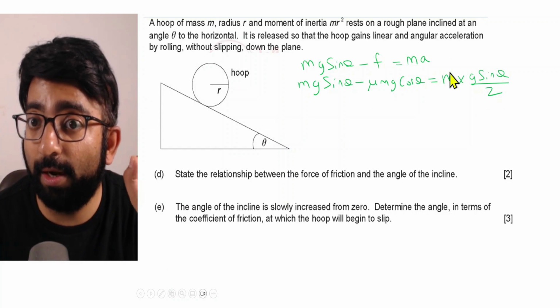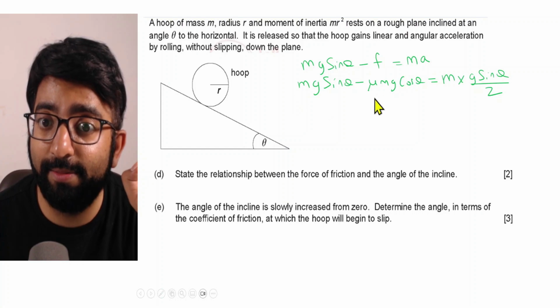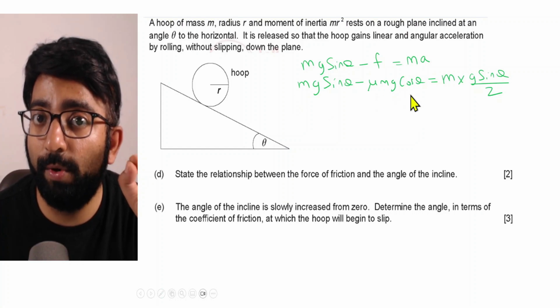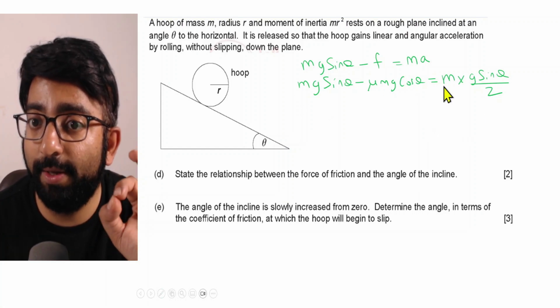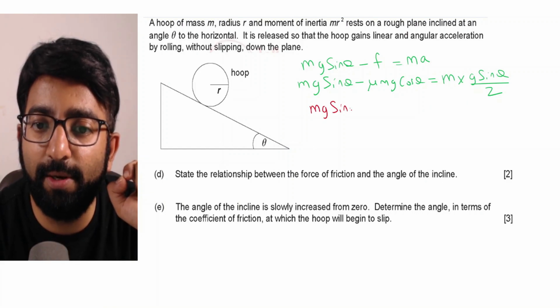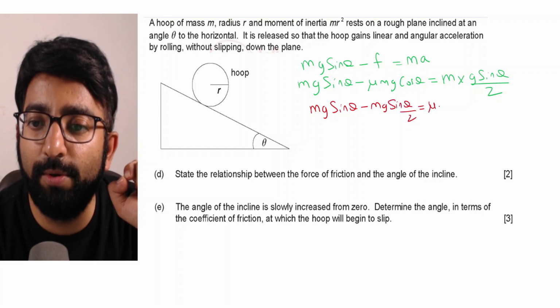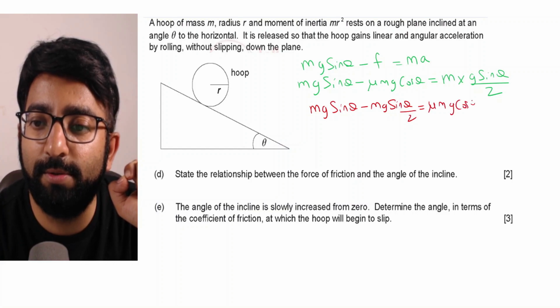We have mg sine theta by 2 on the right hand side. Let's take that on the left hand side, and then mu mg cos theta will be taken on the right side of the equality sign. So on simplification, we will get mg sine theta minus mg sine theta by 2 equal to mu times mg cos theta.